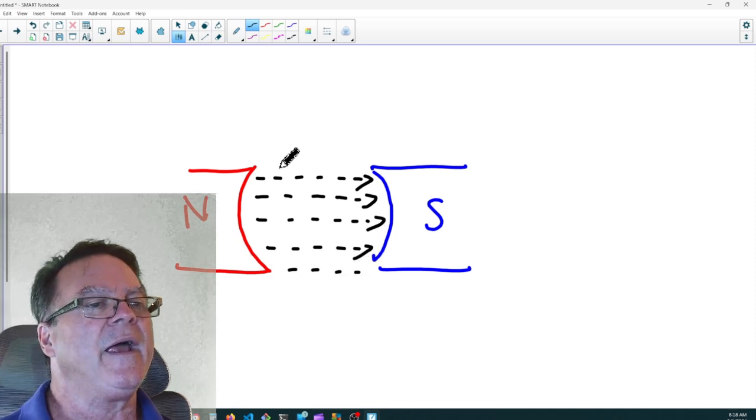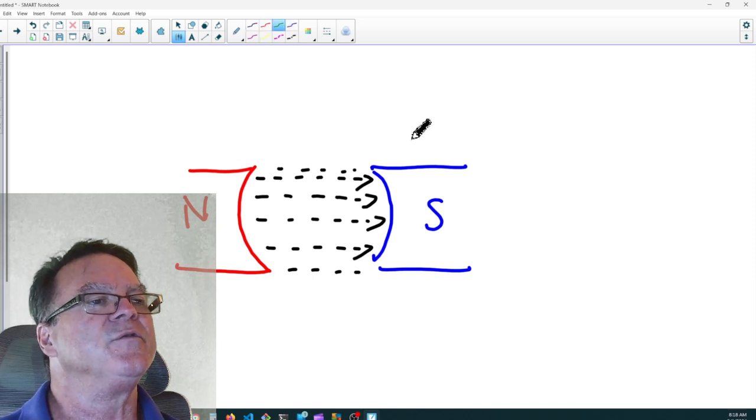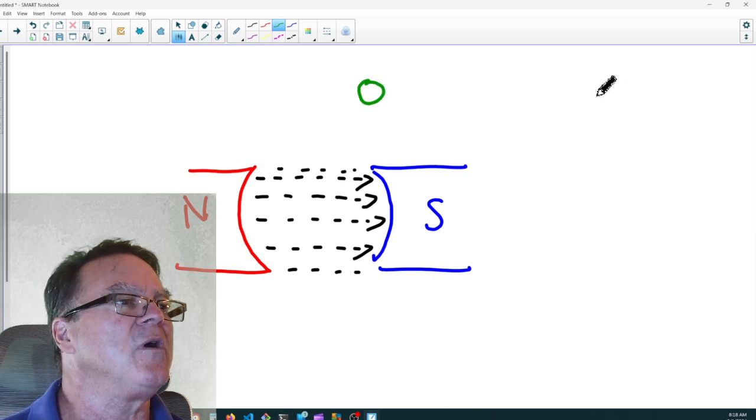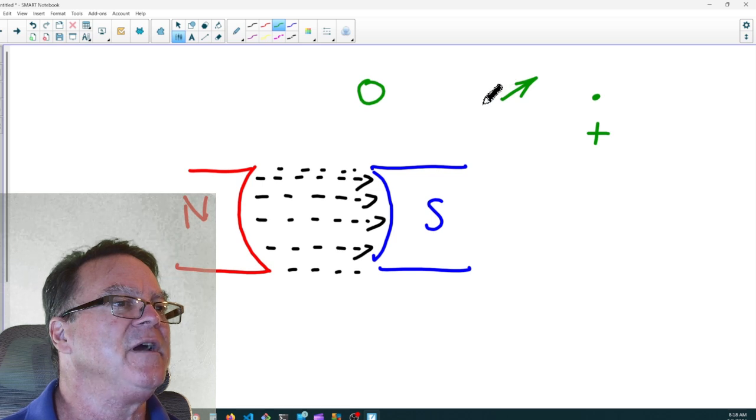There. And if you take a conductor, I'm going to draw this conductor in two different ways. I'm going to draw one with a dot, and that's the head of an arrow, and I'm going to draw it with a plus, and that's the feathers on the arrow.